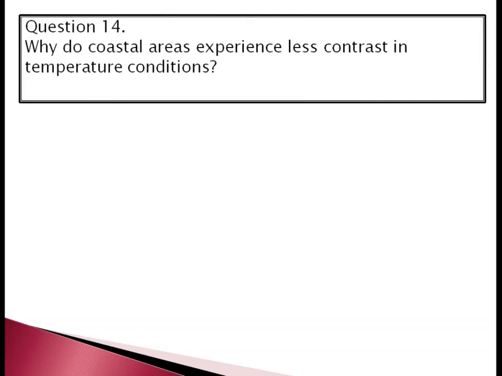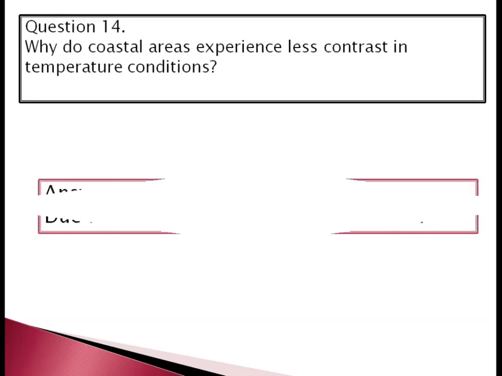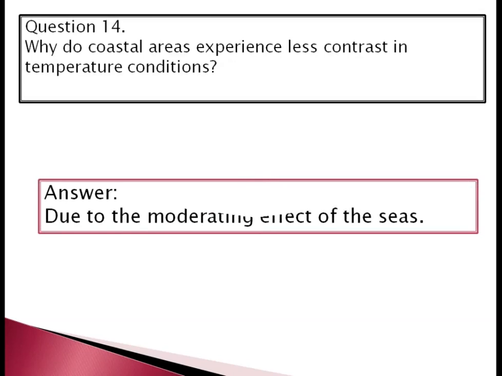Question number 14. Why do coastal areas experience less contrast in temperature conditions? Due to the moderating effect of the sea. I hope the question and answer are clear to all of you.